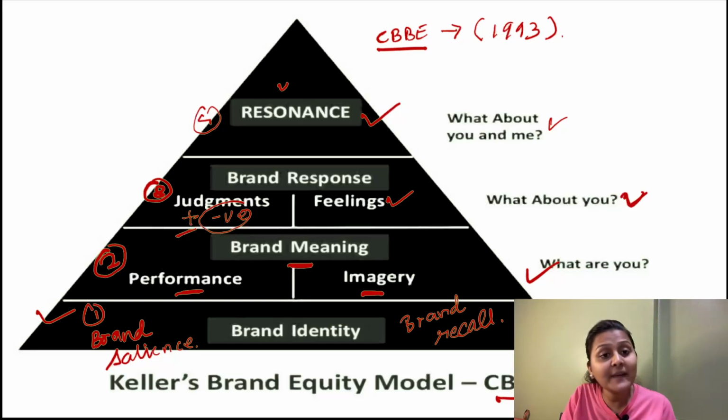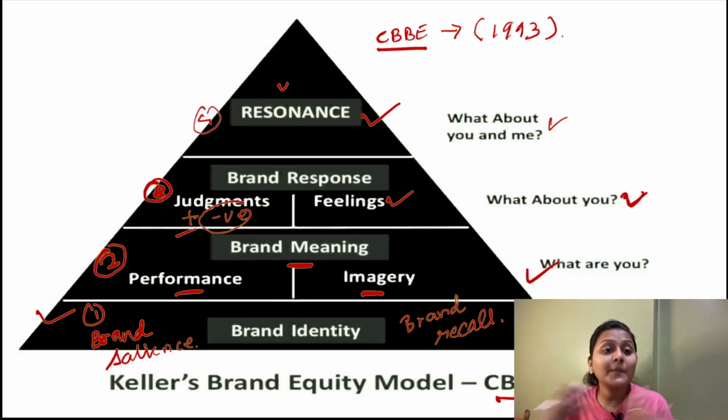Next is the brand response, whether there is a positive or a negative response, whether the consumers trust the quality and design of the brand or not. Finally, in the resonance stage, how loyal the consumers are towards a particular brand.